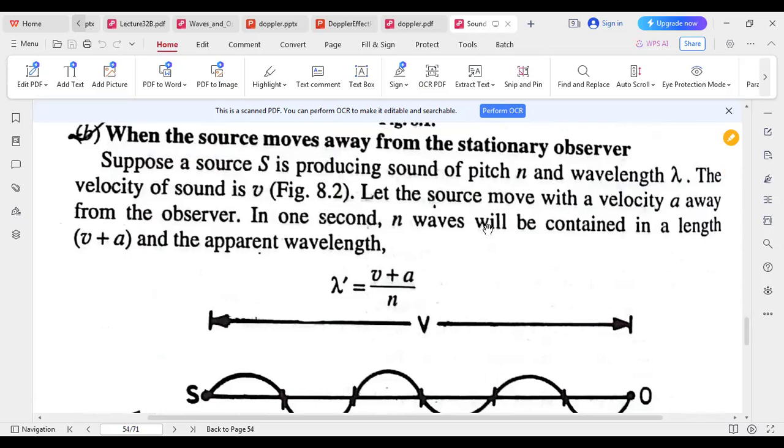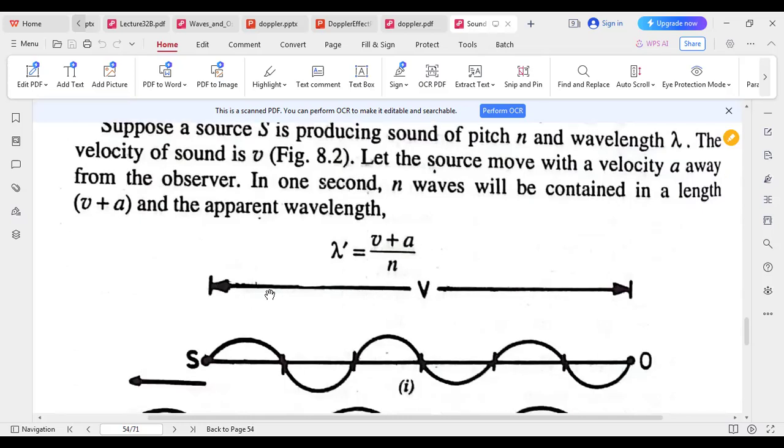In 1 second, the waves will be contained in a length b plus a, because distance equals velocity multiplied by time, so distance equals velocity multiplied by 1. The apparent wavelength will become lambda dash equals b plus a divided by n, using b equals f lambda. So lambda equals b by n, but the apparent velocity is b plus a.